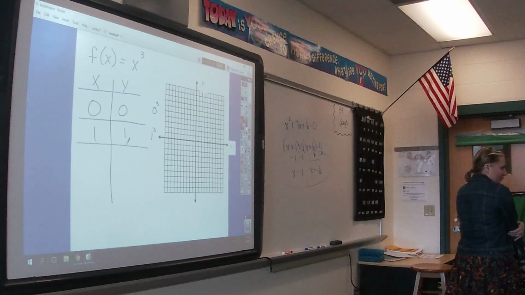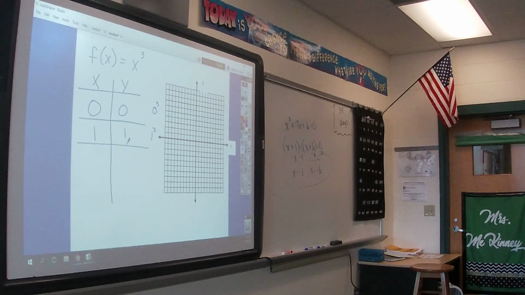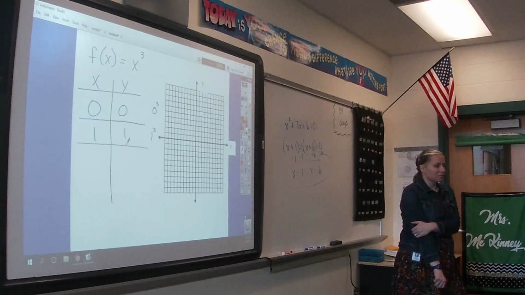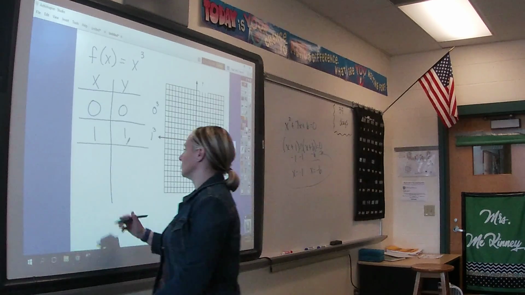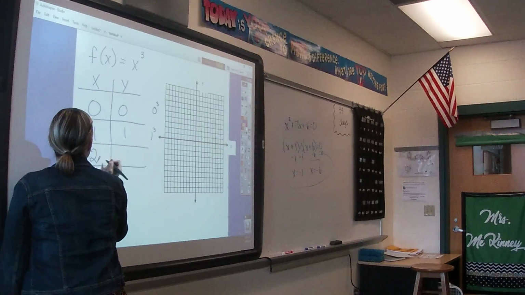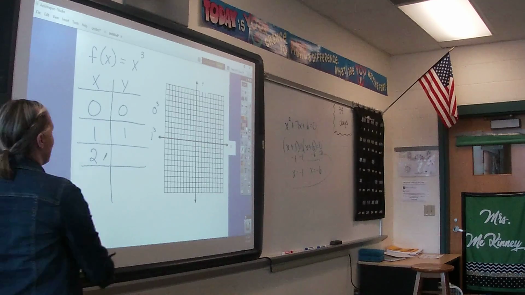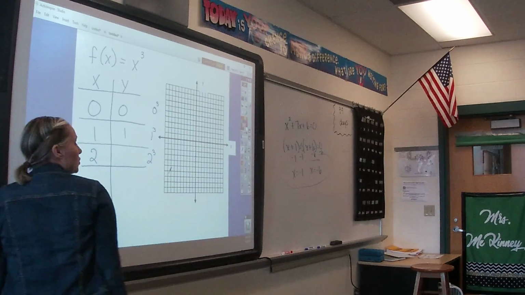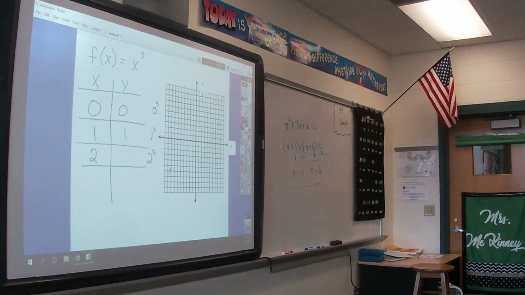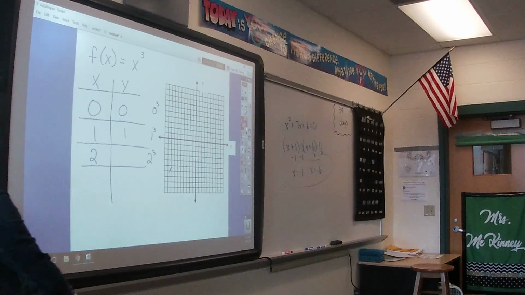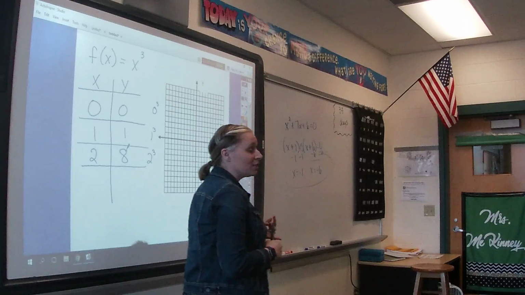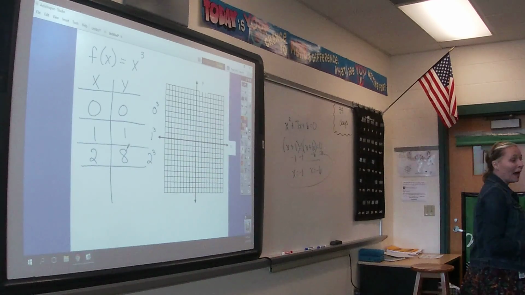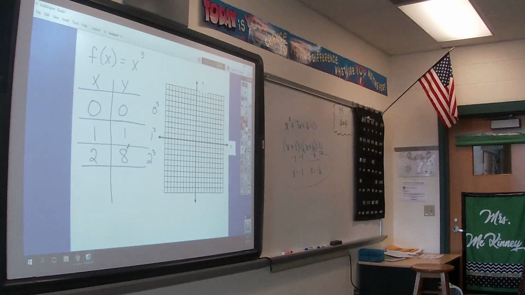You could put it in a calculator if you needed to. Suggestions on what number we would like to pick next? 2, sounds fine. 2 to the third power is 8. Okay, so we have at least 3 points. They all fit on the graph. Okay, none of them are fractions. So we're good to go.